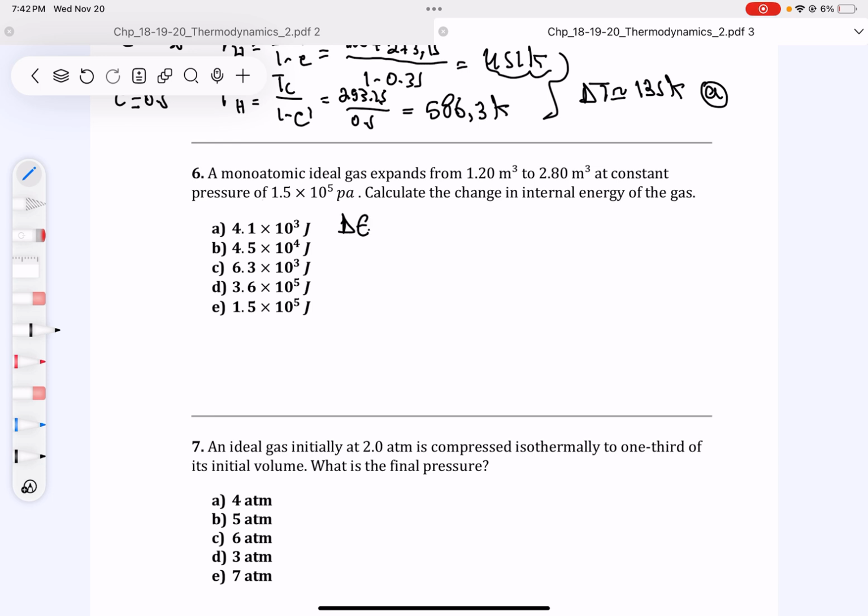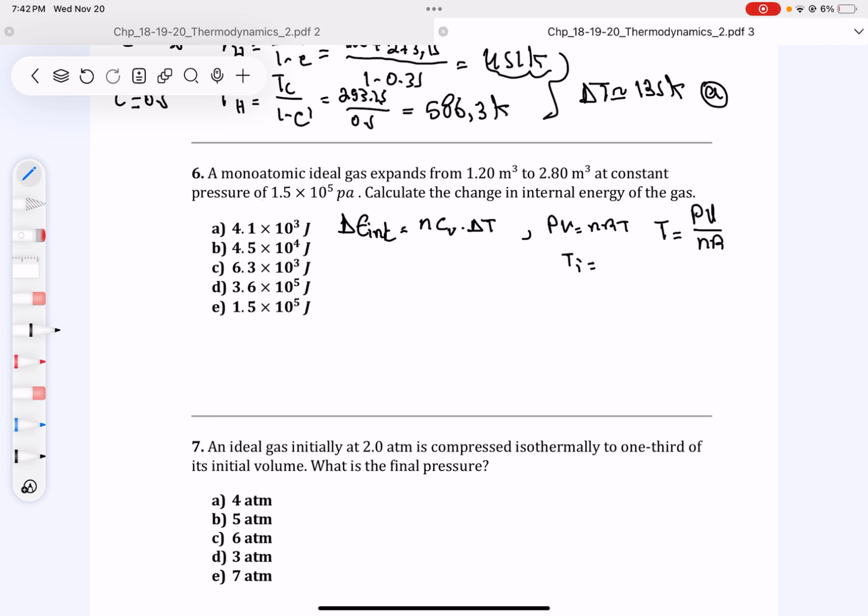Here we write the formula. Delta E internal is nCV times delta T. We have here the ideal gas law. PV is equal to nRT, right? Then T is equal to PV over nR.